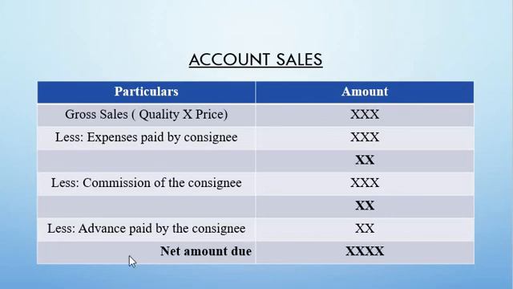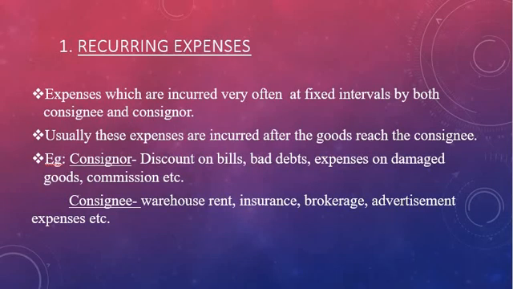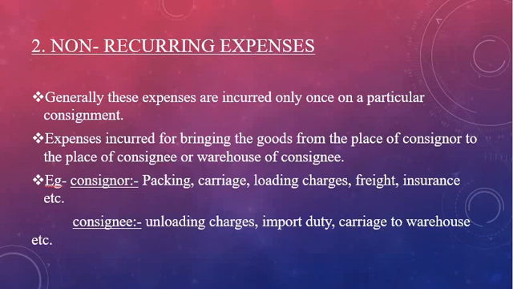Similarly, any expenses, maybe recurring or non-recurring, which are incurred by the consignee are deducted from the gross sales amount, and then the amount is given to the consignor. That's how account sales is important in case of consignment.